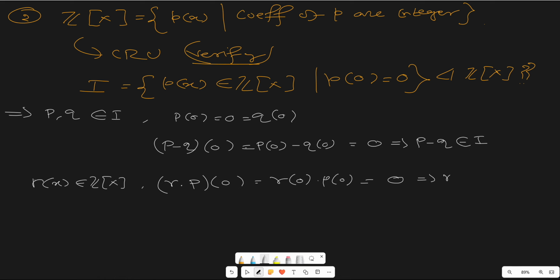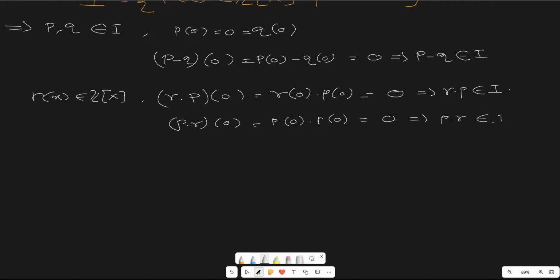What does it mean? That R·P is inside I. Similarly, you can show P·R at 0 is P0 into R0, which is 0. This means that P·R is also in I. That means that this I is an ideal in Z[x].